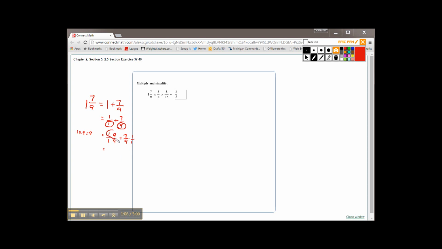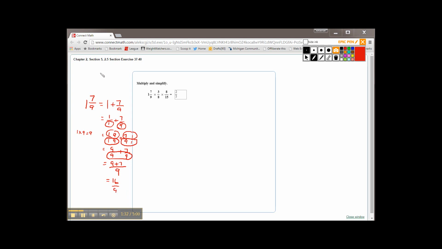So 1 times 9 is 9, 1 times 9 is 9, 7 times 1 is 7, and 9 times 1 is 9. Now that the denominators are the same, it's all over 9, and the numerator is 9 plus 7, that is 16 over 9.